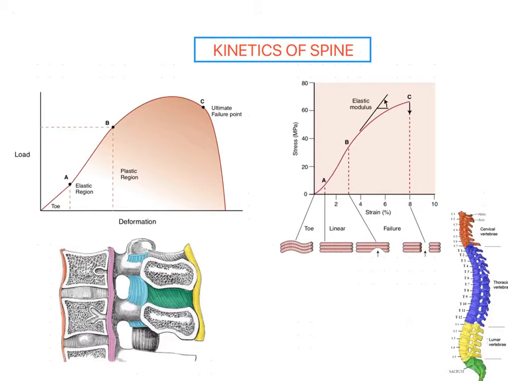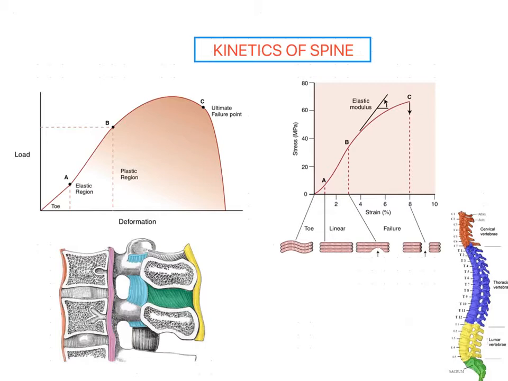So normally, how can you identify that a spine is having stability? If you are sitting or standing or you are in any posture, some sort of stiffness is developed along the vertebral column.